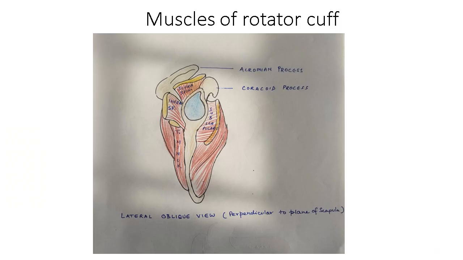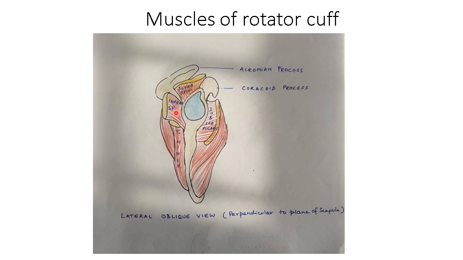So we will talk about the details of the muscles of the rotator cuff. There are four muscles, and these muscles arise from the scapula. Three of them arise from different fossae of the scapula. The subscapularis muscle arises from the subscapular fossa, that is the anterior or costal surface of the scapula. Then you have the supraspinatus muscle, which arises from the supraspinous fossa on the posterior surface of the scapula.